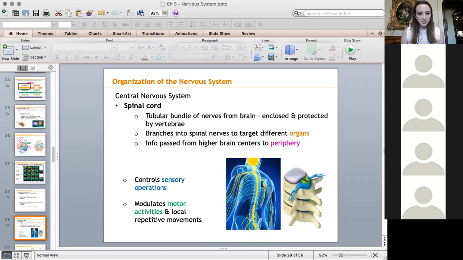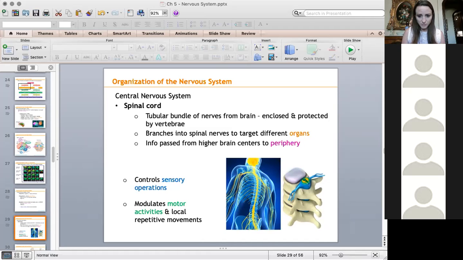Another one you have to know is the spinal cord. The main function of the spinal cord is to regulate our reflexes. So reflexes when it comes to exercise or sports, how quickly we can react to something, or if we touch something hot and have to remove our hand. All of our reflexes are controlled by the spinal cord.